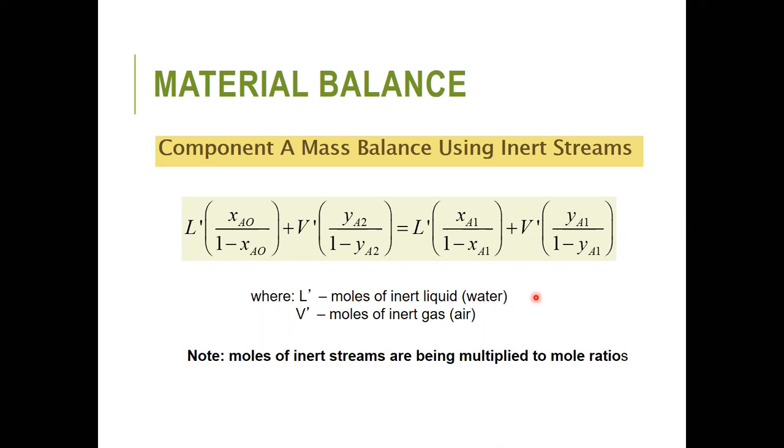If we have a gas mixture, and most of the time our mixture is that of air with other pollutant gases which we want to scrub off from the air, then the inert part of the mixture will be that of air.